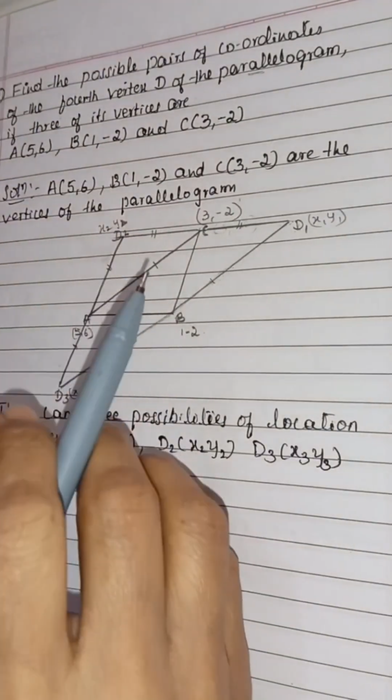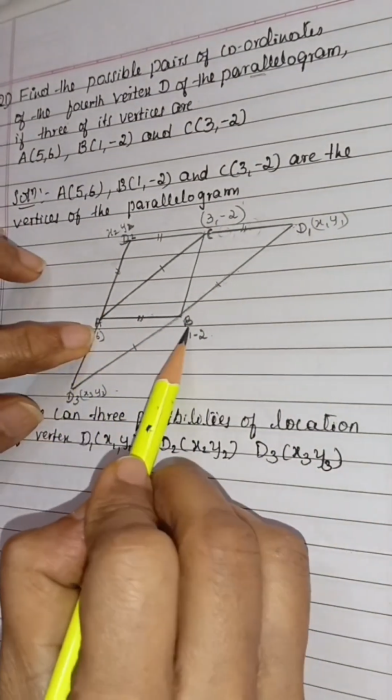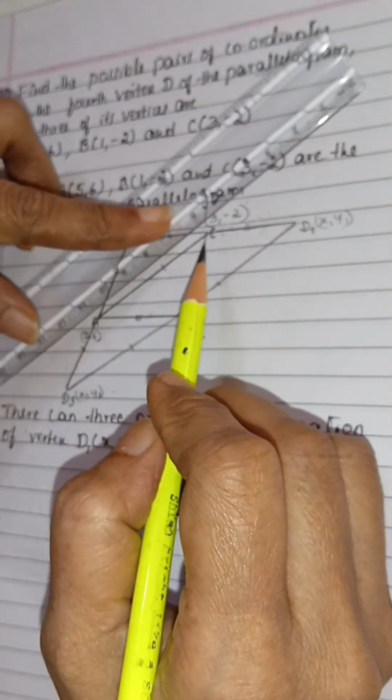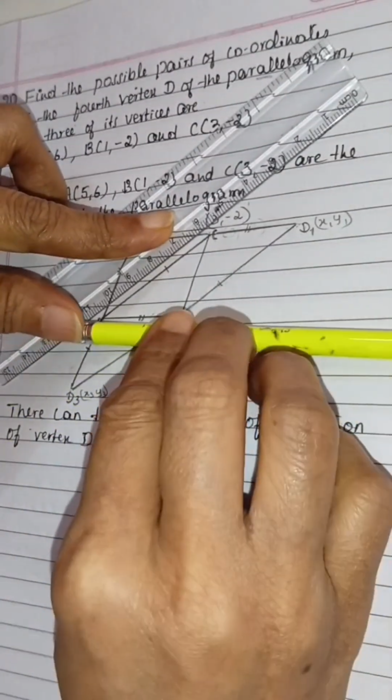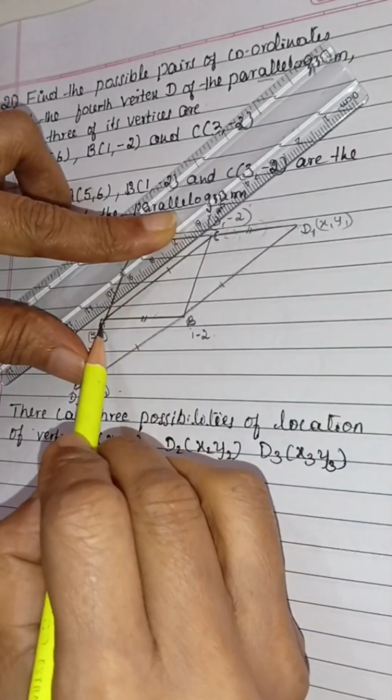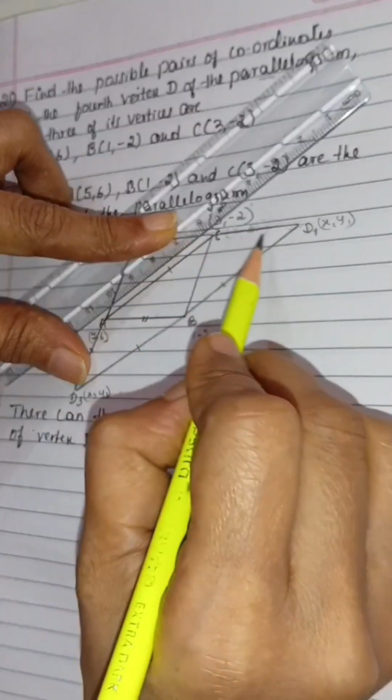First take AB D1 C. You have to take this parallelogram AB D1 C. In quadrilateral AB D1 C, AB is equal to CD1.